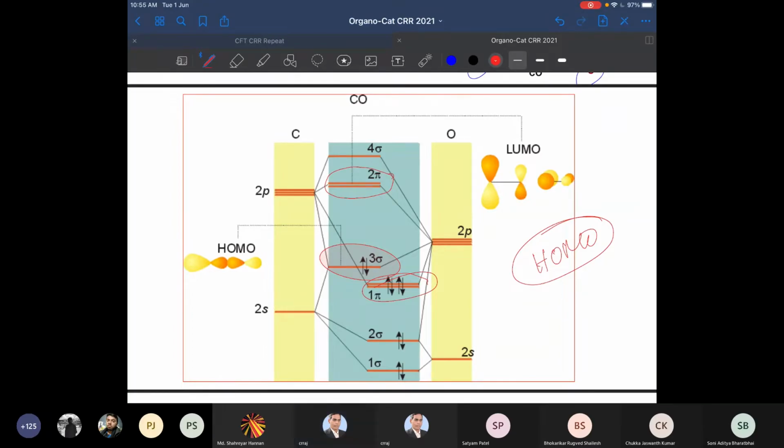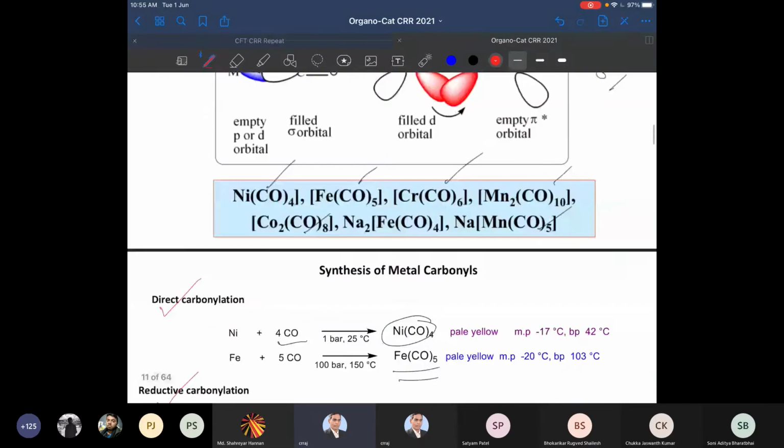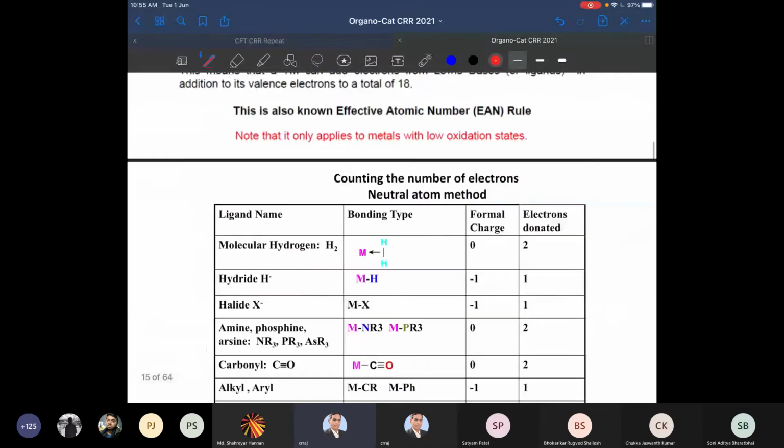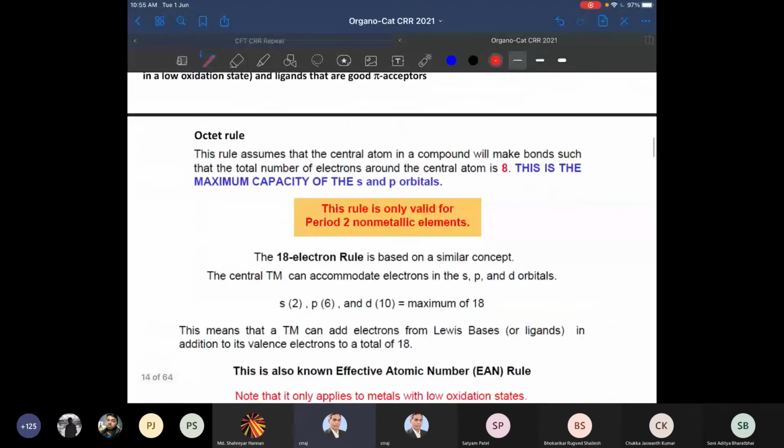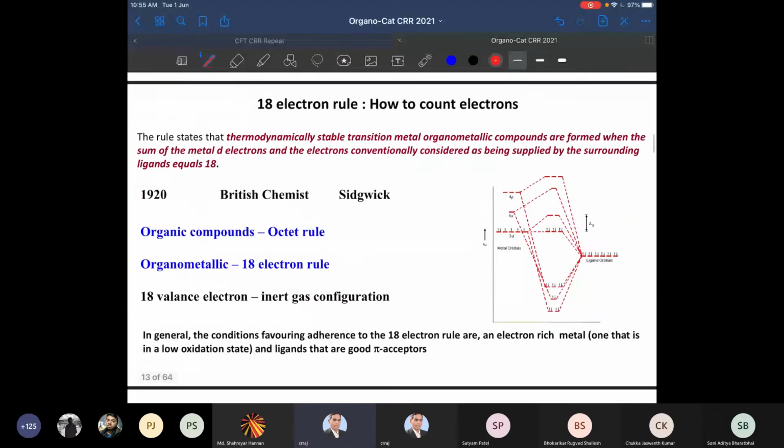Okay, now I understand. Right, now you need to listen very carefully. What we have is the 18 electron rule, which you should not have studied earlier. Basically, we need to count the number of electrons.